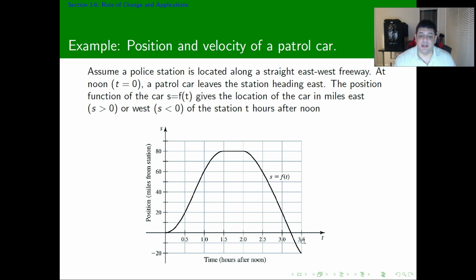But after 3:15, you can see that it is going west. The point where it gets back to 0 is also meaningful because it means that the car went backwards to the station.